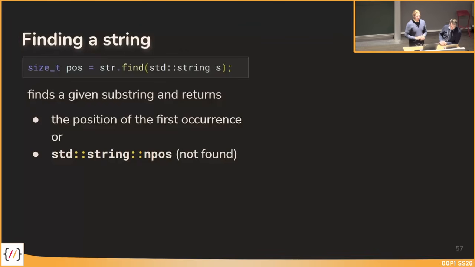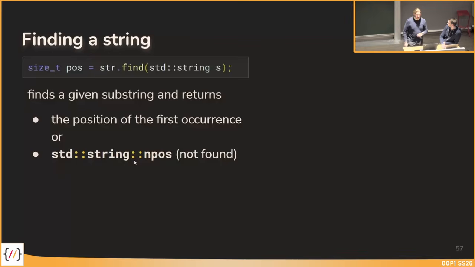There's also a function for finding a string, so we can pass a substring or just a string to find out if it is located somewhere in the string. If it is located in the string, we will get the position of this substring, and if the substring is not part of the actual string, we will get std::string::npos, which means not found.